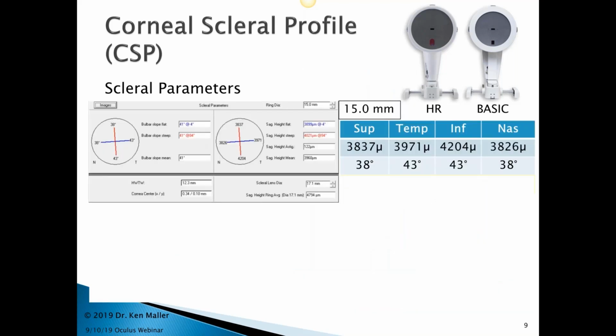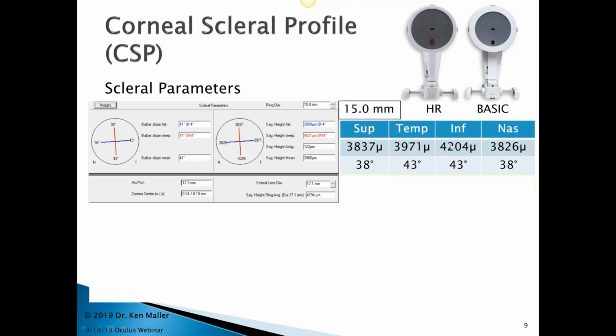Now, we also have this display screen. What the display screen does is, at a given value, here we have it at 15 millimeters. At that particular chord, the CSP software has gone ahead and given us an output of both the principal meridians, as well as the actual sagittal depths along those principal meridians at the chord of 15 millimeters.